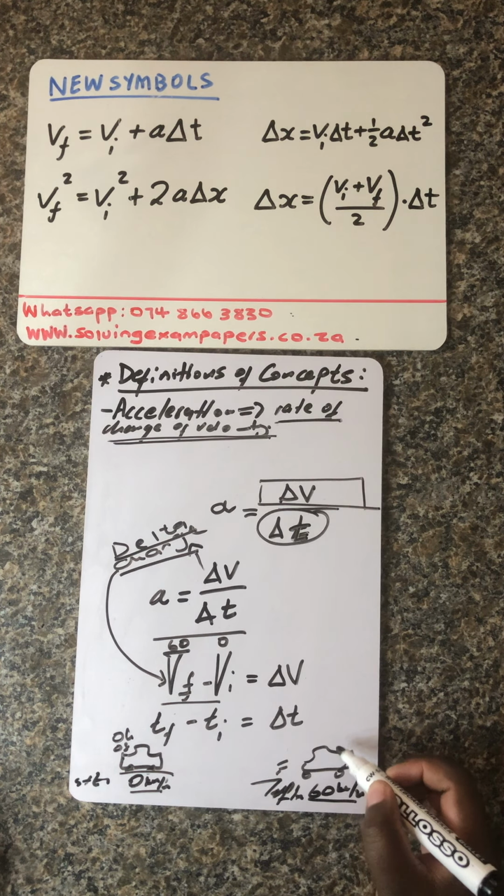In this case, on average speed, we've got the total distance traveled per unit time, whereas when it comes to average velocity, we talk about the total displacement per unit time. So the difference in this case, ladies and gentlemen, is that here we are talking about the total distance traveled, and here we're talking about the total displacement.